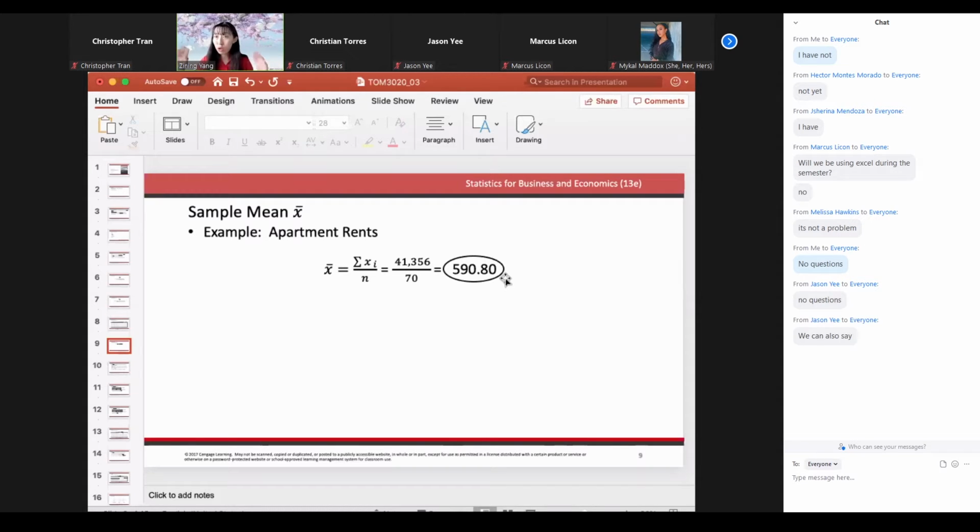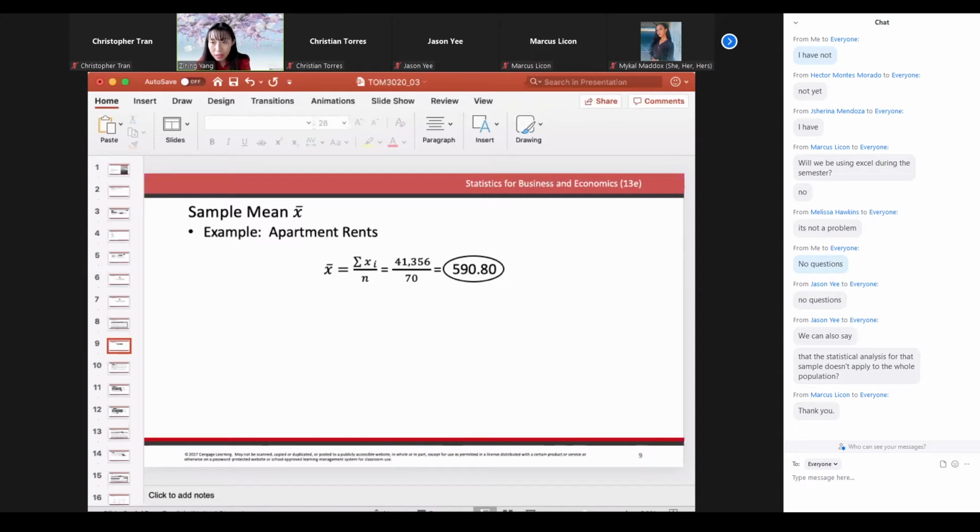If we actually ask thousands of apartments, it could be very different, and we really don't know that. That's why the sample mean is only an estimate for the population. So we can use this to take a guess, but you know the nature of the guess, right? You may guess it correctly, but you may guess it incorrectly. So there is a chance that the population mean could be very different. So yes, that is true.